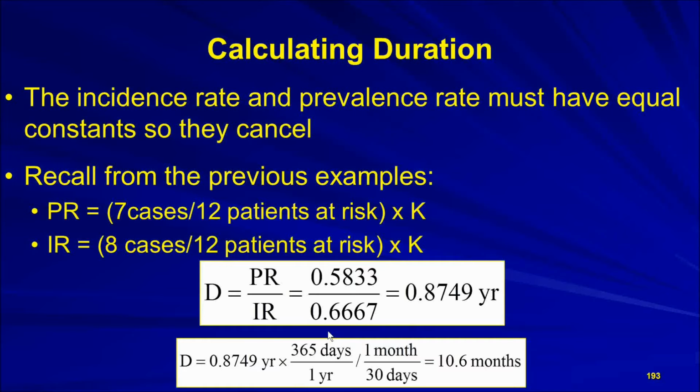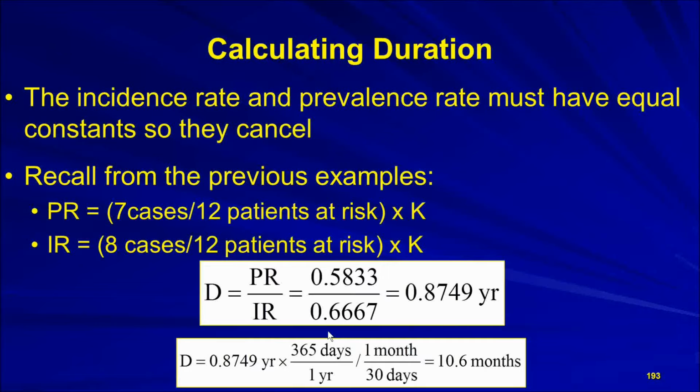Recall from the previous examples, we had 7 cases and 12 patients at risk, and I think our answer was 58.3. Now we're dividing 7 by 12, and that's how we come out with 0.5833. With the incidence rate, we're doing the same thing. We're dividing 8 by 12, and we're coming out with another fraction of 0.667.